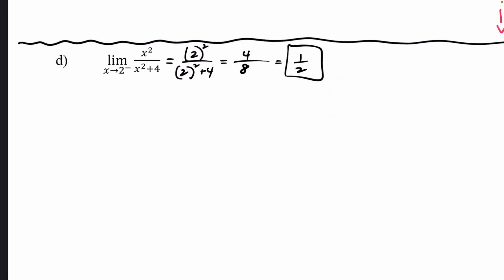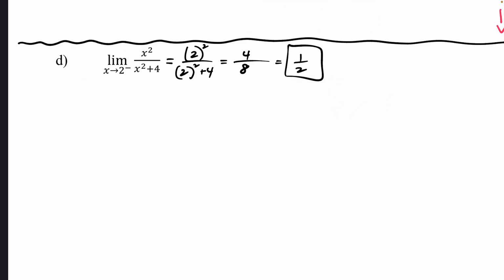And then that's where you kind of play your game, right? If you get 0 over 0, we do what we did for practice 2. Keep going. If you get 0 on top and something else on bottom, your answer is just 0.